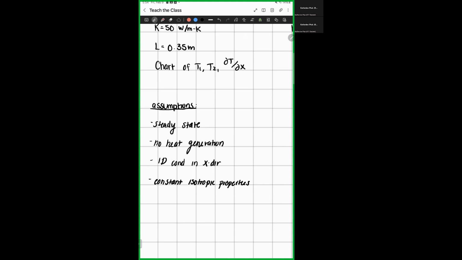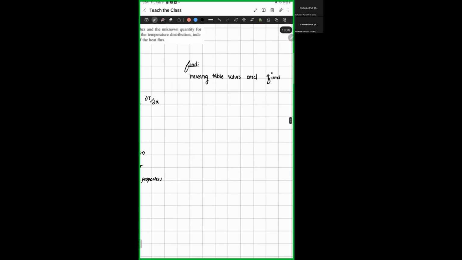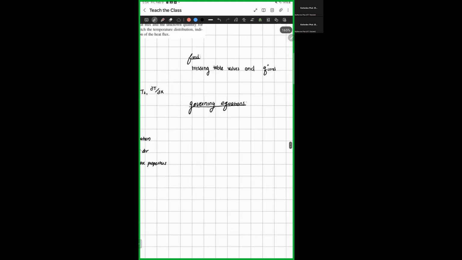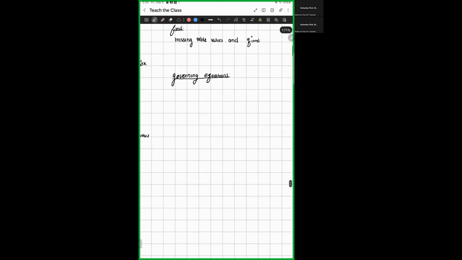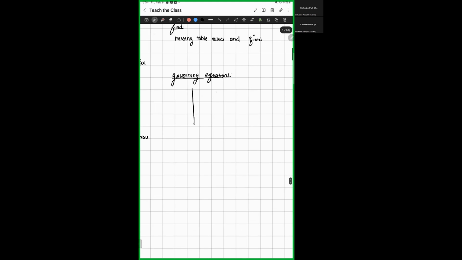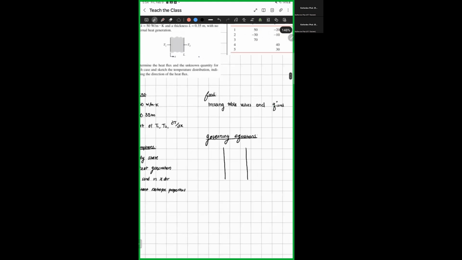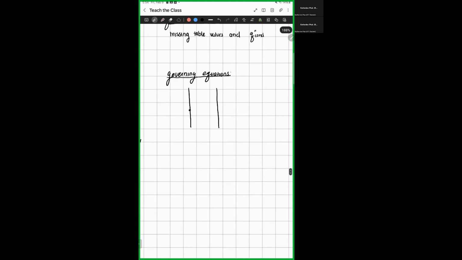Okay, so next we're going to go over our governing equations. And I think a little picture will help us with this. Similar to the picture given in the problem, we have T1 here, we have T2 here.